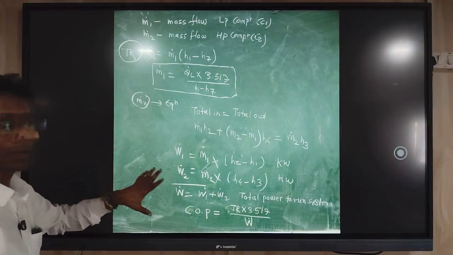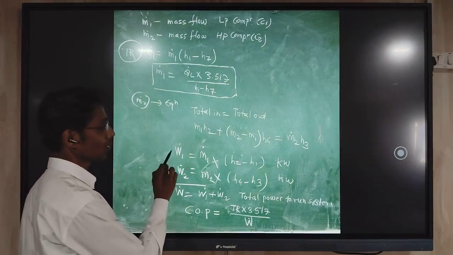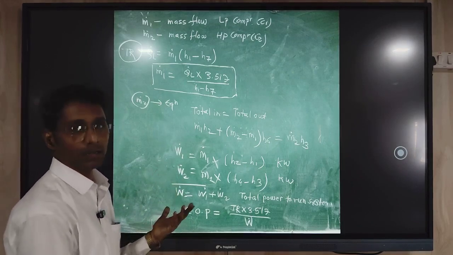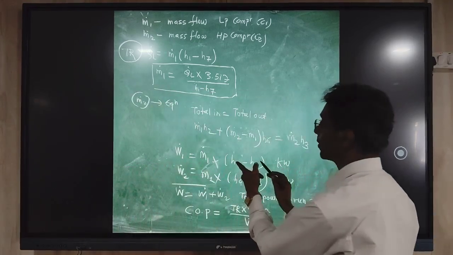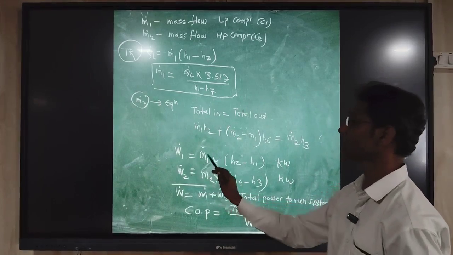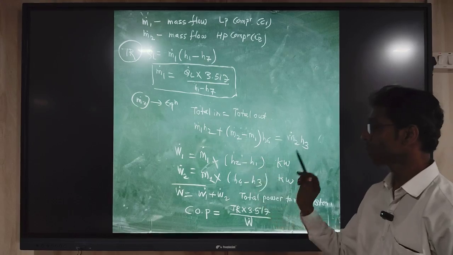Once we get these, we can obtain the consumption of compressors 1 and 2. As per the earlier discussion, across a compressor we always take the enthalpy difference multiplied by its corresponding mass flow rate. So W1 dot is equal to M1 dot into the enthalpy difference H2 minus H1.